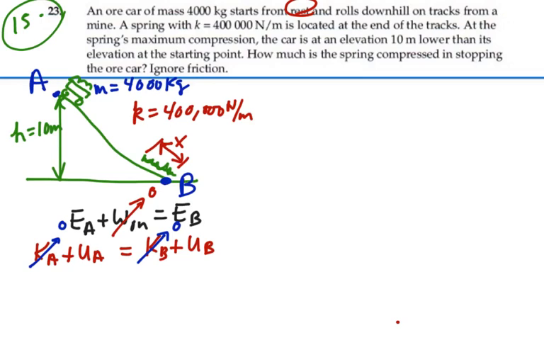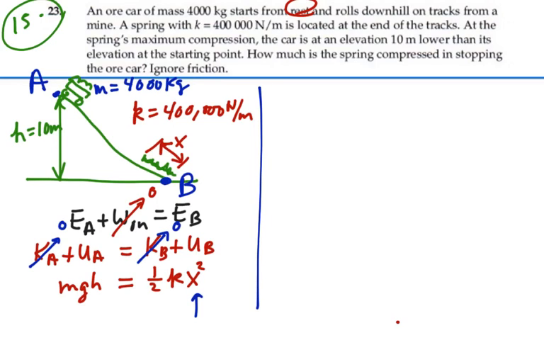So strictly speaking, we have that the potential energy at A, which is gravitational, mgh, is going to equal the potential energy at B, which is all spring, 1/2 k x squared. We want to find out the compression of the spring, so we want to find x.